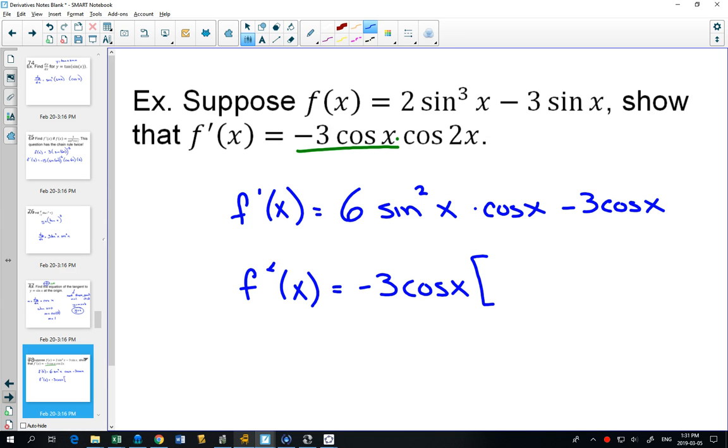Because if I factor that out, it might turn into something that matches up. At least that part of my equation is the same as that part of the equation. Well, if I take a minus 3 out, I'm left with minus 2 sine squared x, and then plus 1.